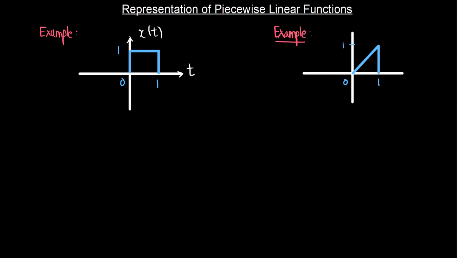And the axis here is x of t as a function of t. So you may say that this signal is linear from 0 to 1. So it's a piecewise linear signal. Similarly, we may have other variants of this signal, other combinations of these linear functions. So the functions that are linear in fragments are called piecewise linear functions.